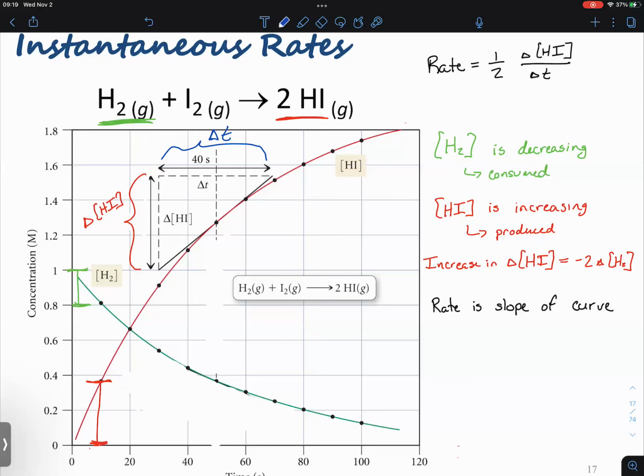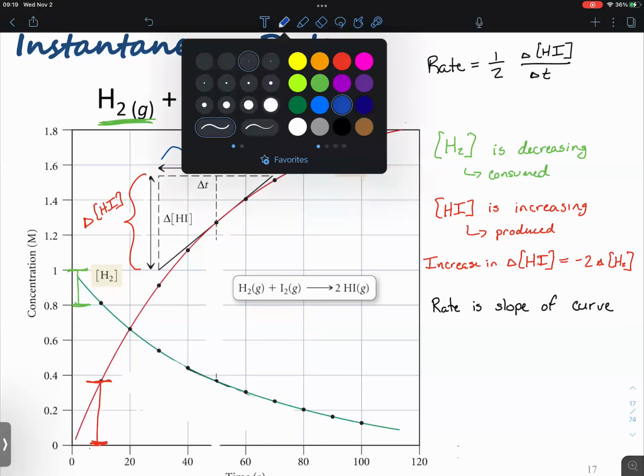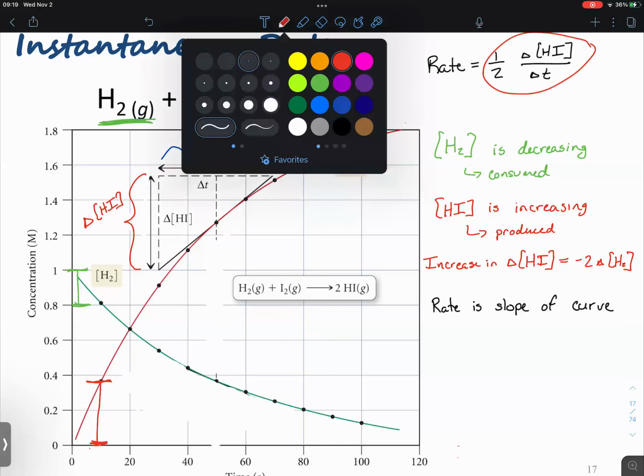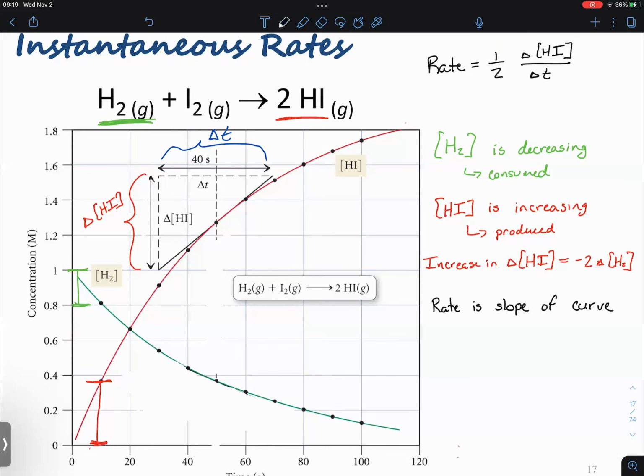And I could do that by measuring the concentration of the hydroiodic acid, my product produced, just making sure to take that value that I get and multiplying it by 1/2, as we see here. Or I could do the exact same thing and just monitor the change in the hydrogen gas concentration over time.